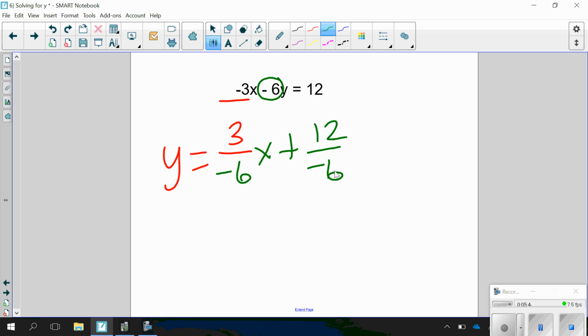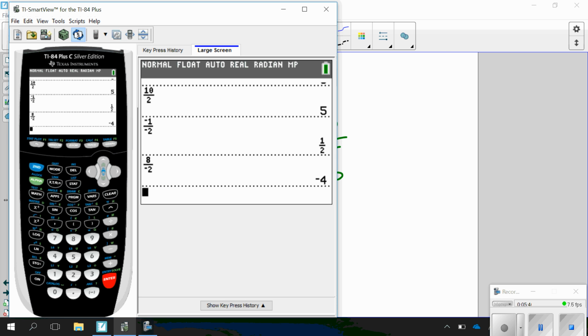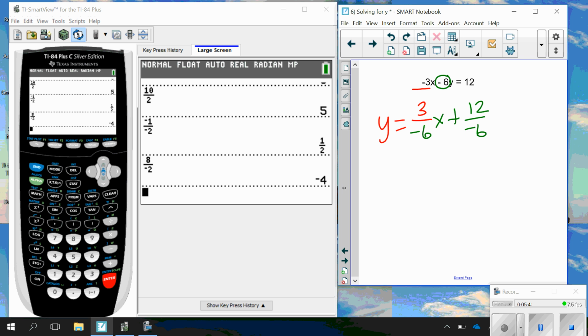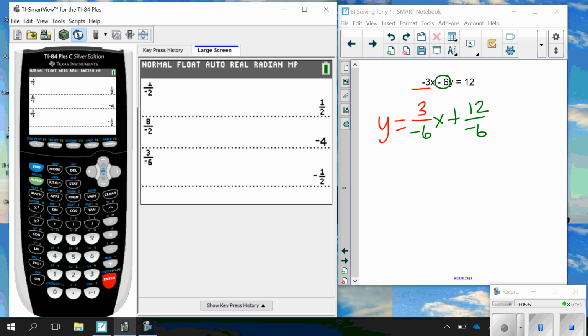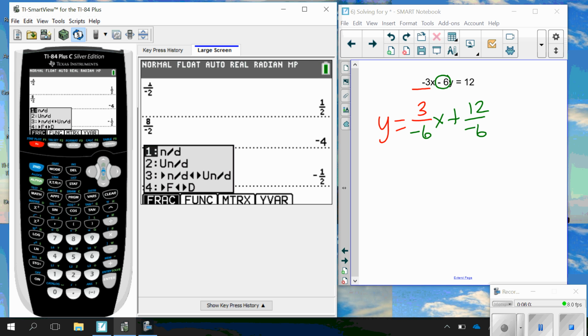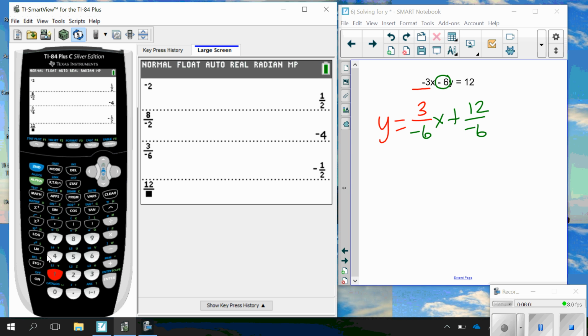We put the fractions individually into the calculator. So 3 over negative 6 and 12 over negative 6.